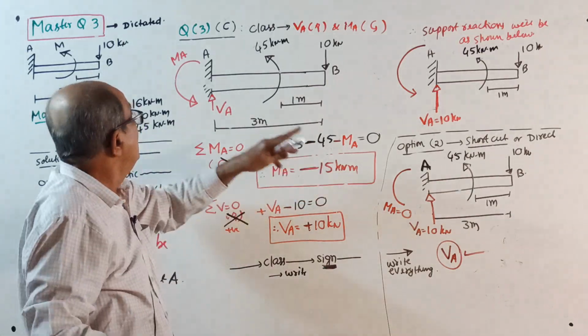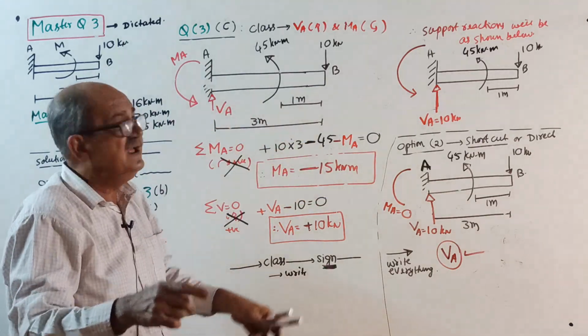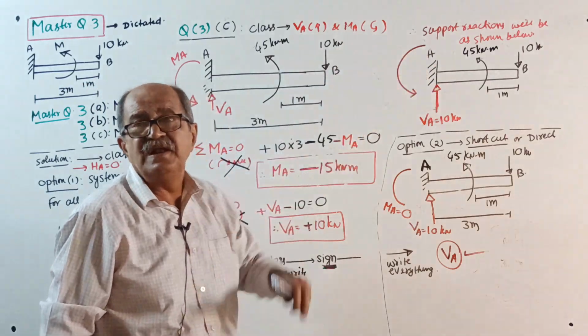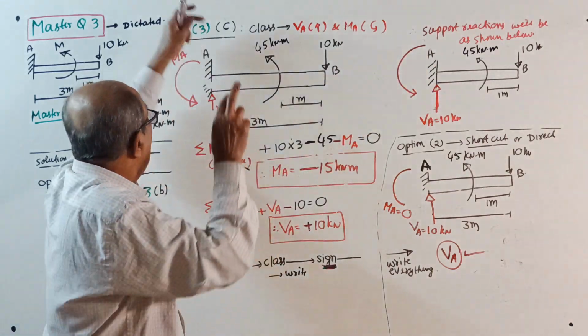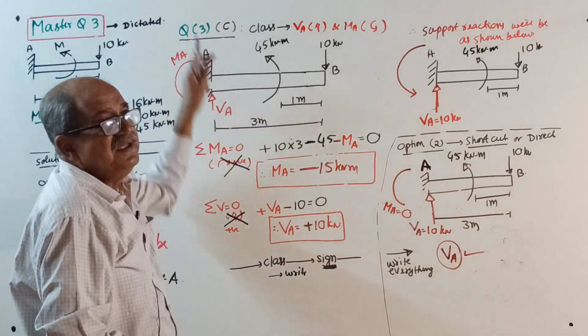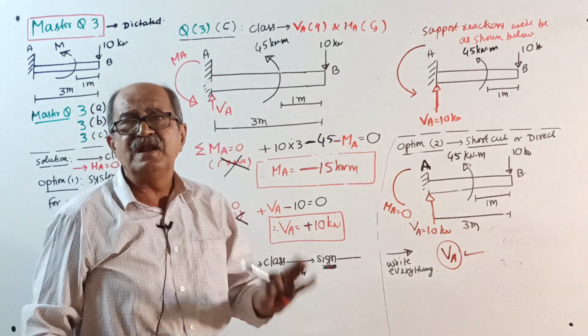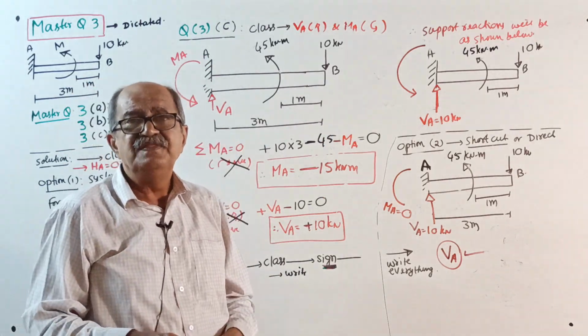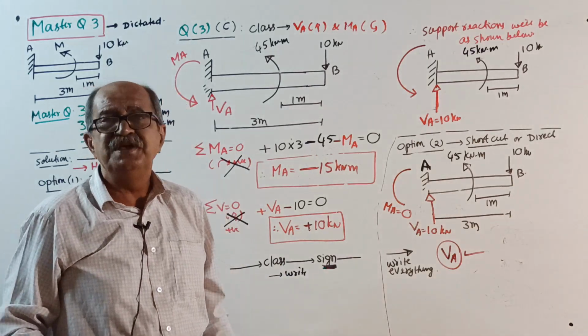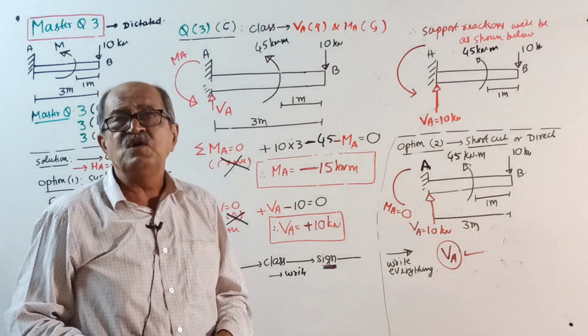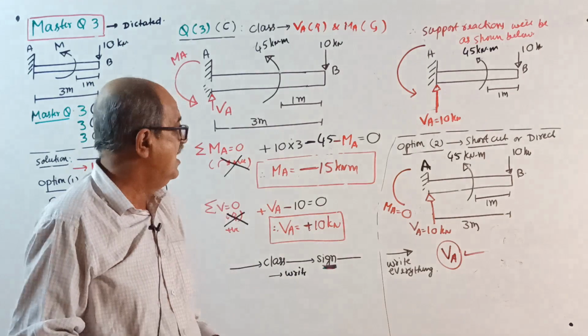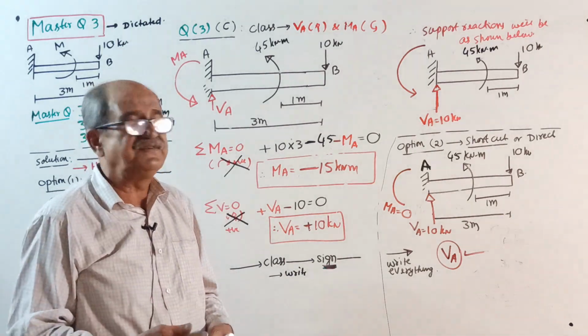Positive sign means assumed direction is correct, enter in the same direction. Negative means assumed direction wrong, enter in opposite. As I told you, one exclusive class will come later, very powerful class. The title will be some series I am doing. Important concept for structural engineers or in structural engineering classes.